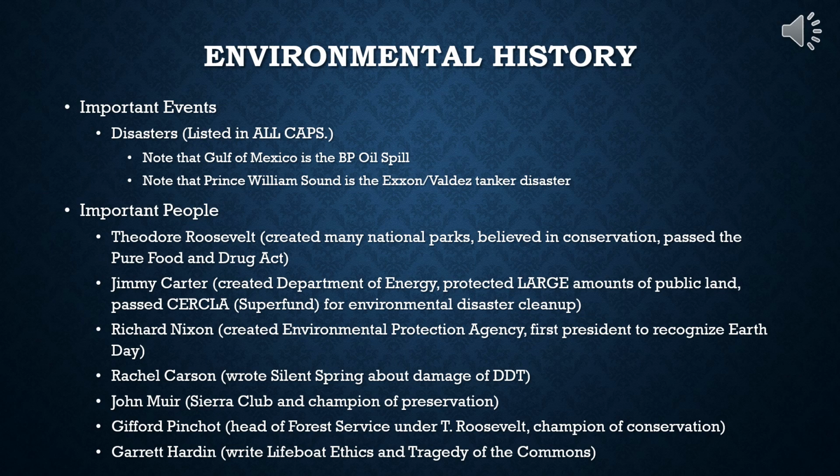You should know where they occurred and what the major effect was. So, for example, you should know what happened at Love Canal and the fact that the CERCLA or Superfund law was passed in response to that. Also note that the Gulf of Mexico is synonymous with the BP oil spill. All of your disasters are listed by location, not necessarily by the commonly known name.